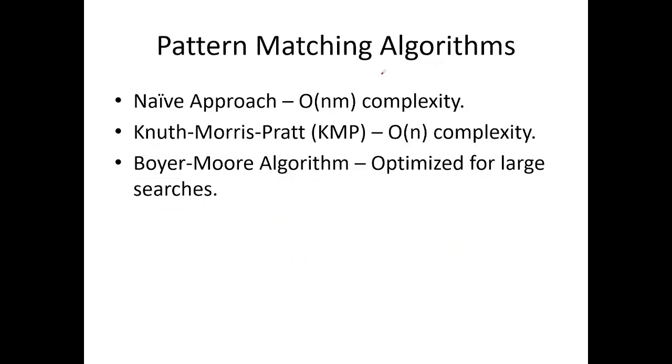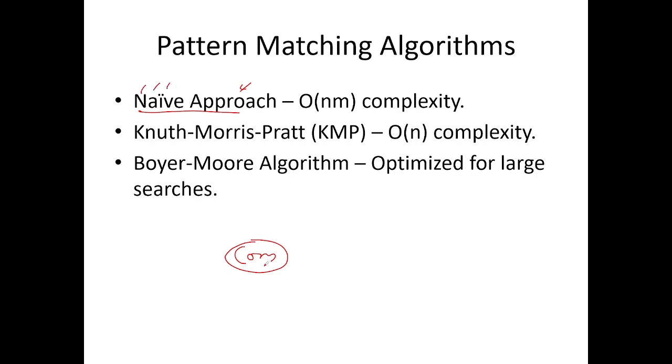Now coming to pattern matching algorithms, there are many algorithms that you can use for pattern matching. The first one is the naive approach. Imagine in this text you want to search COM. You take this COM and compare it with this.